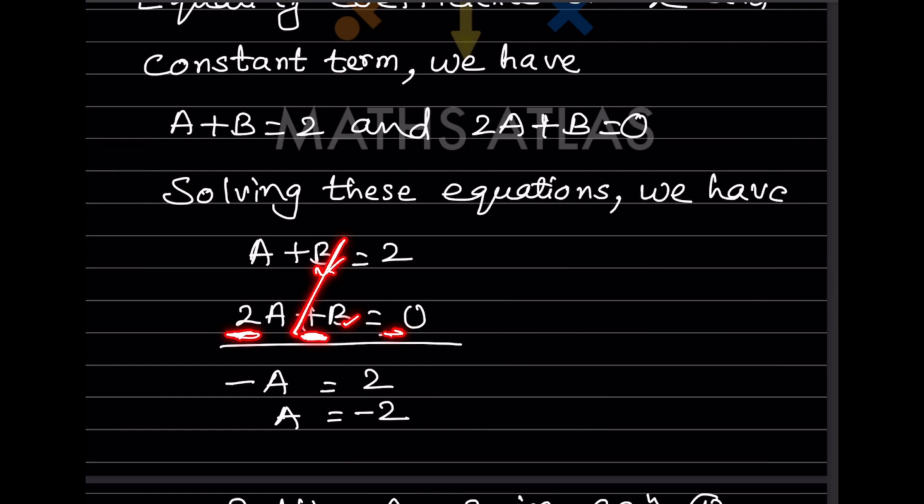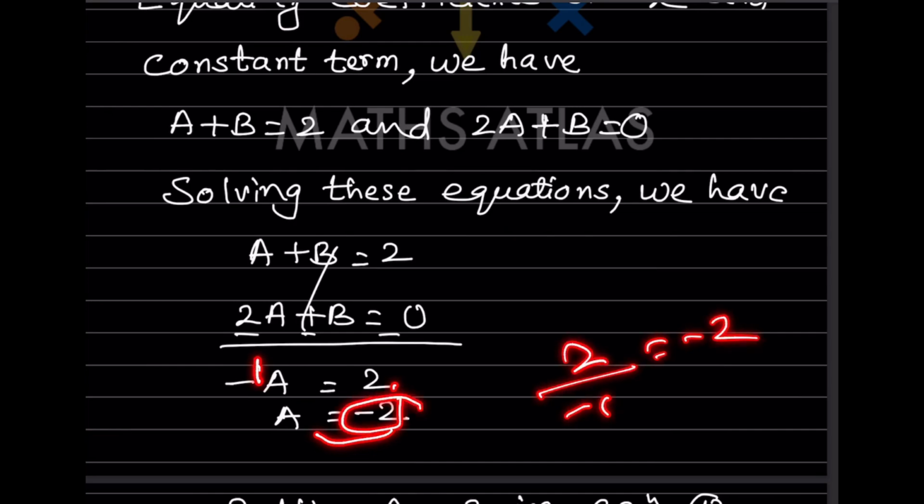So this and this get cancelled. Minus 2, and here there is nothing, which means it is 1. So minus 2 plus 1 is going to be minus 1, so that is minus a. And here 2 minus 0 is going to be 2. So a is going to be, if we change the sign, 2 divided by minus 1, that will be minus 2. So a is minus 2.